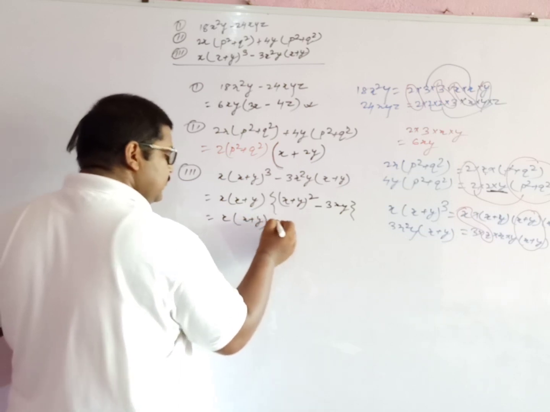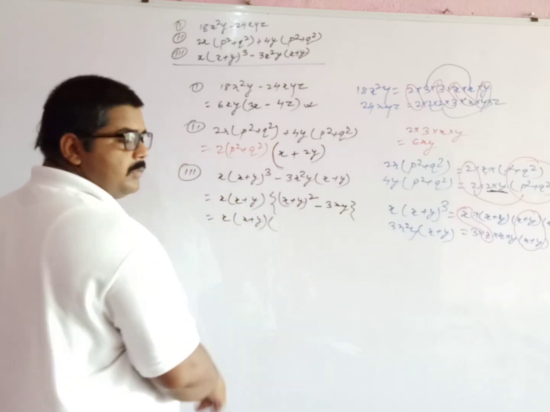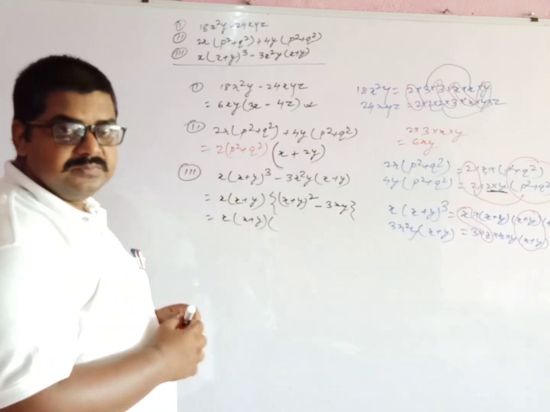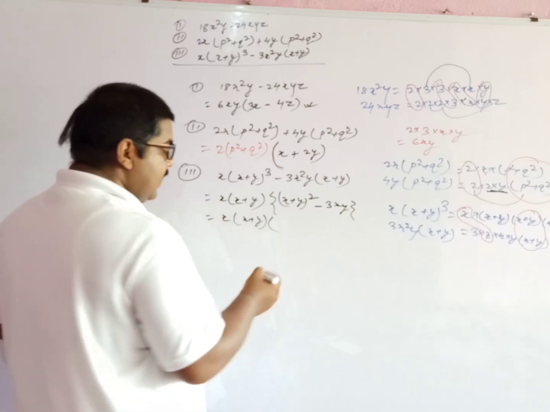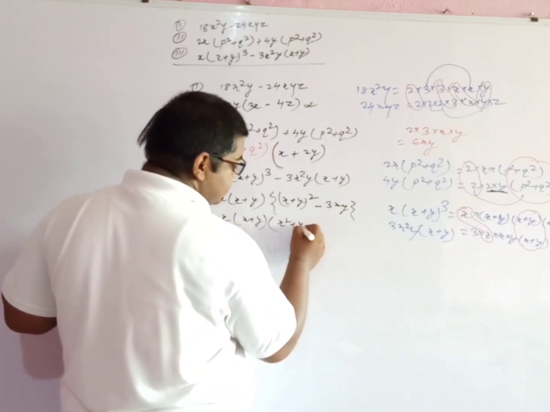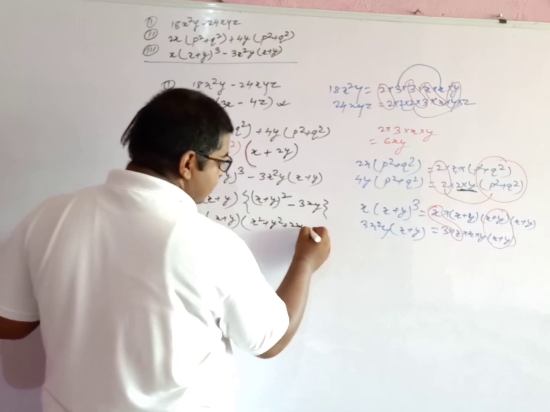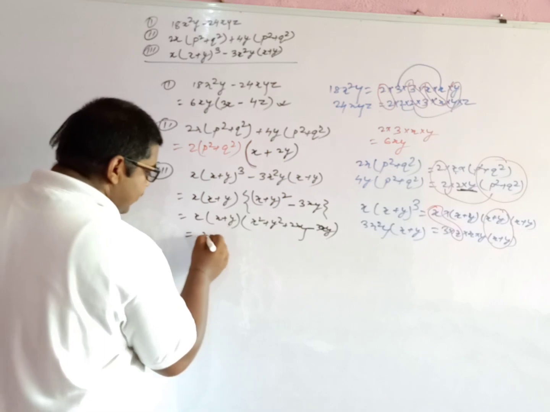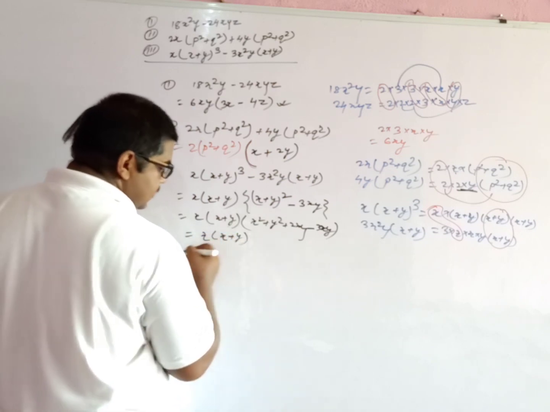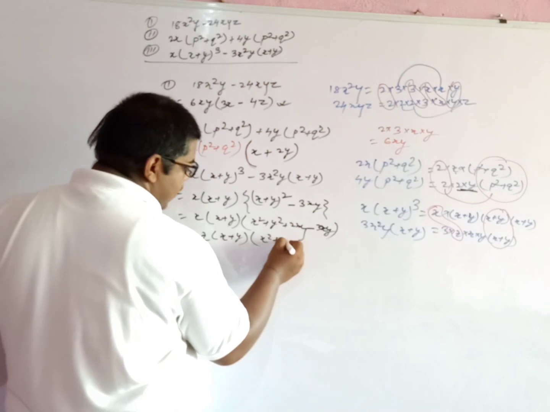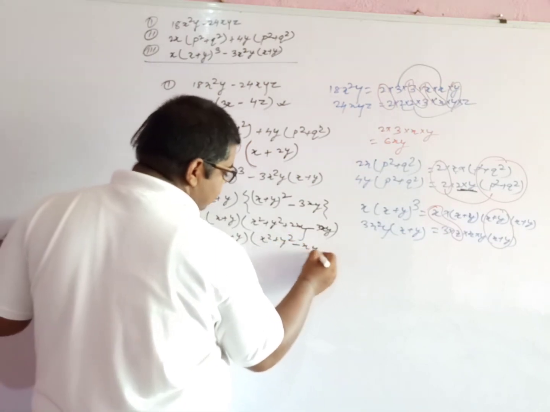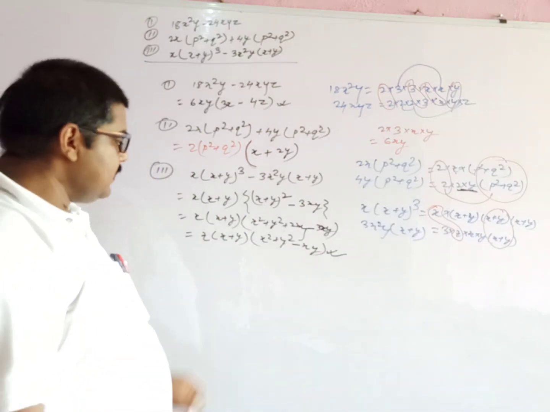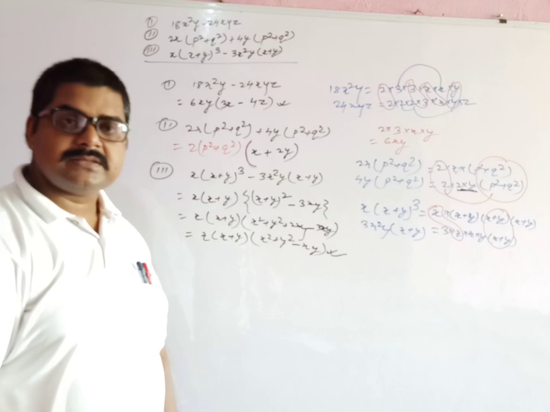Since you know the formula of (a plus b) whole square, which is equal to a square plus b square plus 2ab, you utilize this: x square plus y square plus 2xy minus 3xy. One more step you can go further: x into (x plus y) into (x square plus y square minus xy). So the final result is x into (x plus y) into (x square plus y square minus xy).